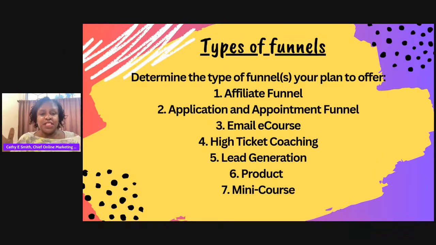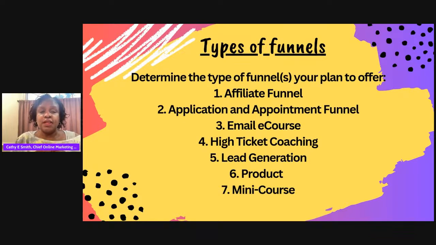Now, these are the different types of funnels. Affiliate funnel: pretty much every major retailer has an affiliate program, whether it's Macy's, Best Buy, Amazon. A lot of these are no cost to you, but some of them will not accept you unless they see that you have a certain amount of following.